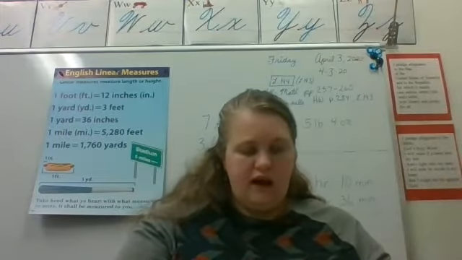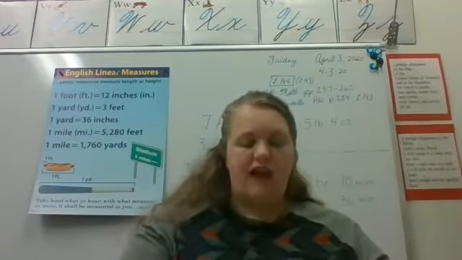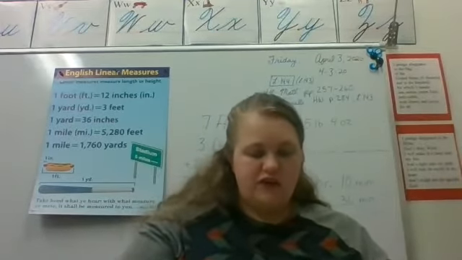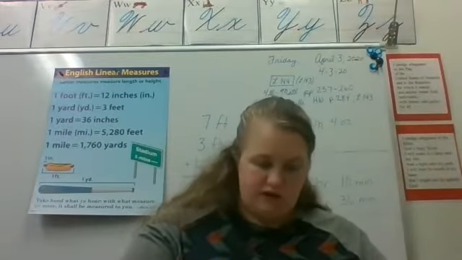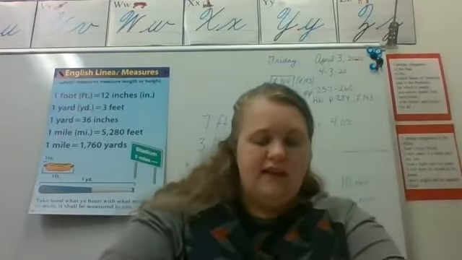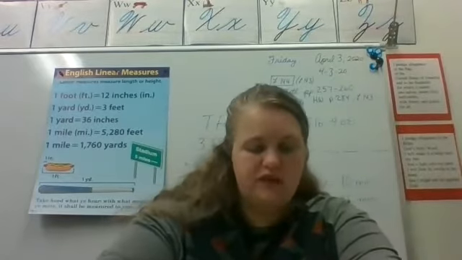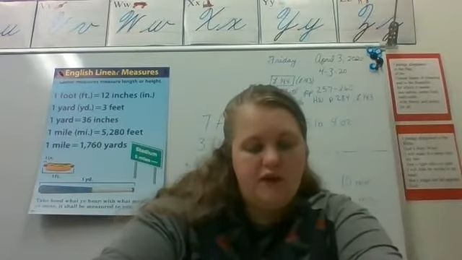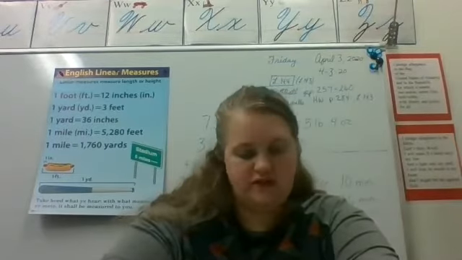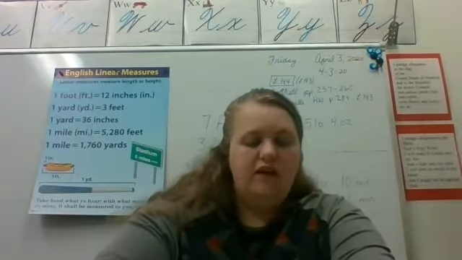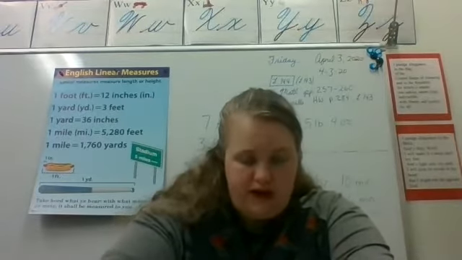All right, to add compound measures, add like units, and simplify the answer if there are any of the larger unit contained in a smaller unit, okay? So right there it says 2 hours and 15 minutes plus 1 hour and 50 minutes plus 2 hours and 5 minutes. And so we add up 15 plus 50 plus 5, we get 70. 2 plus 1 plus 2 is 5. You see that there.